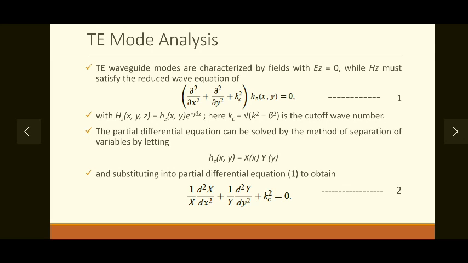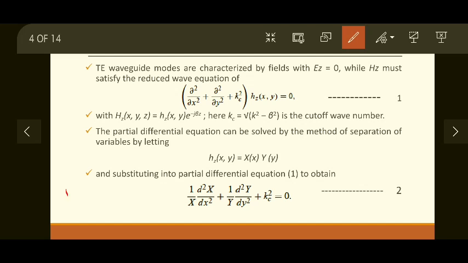The Helmholtz equation is given by (del square plus k square) into H is equal to 0. Now del square is nothing but partial differentiation with respect to x, y and z direction. Here you will not see a z component. Why? You have to see the explanation in the general solutions of TE mode. In that you will get to know that.